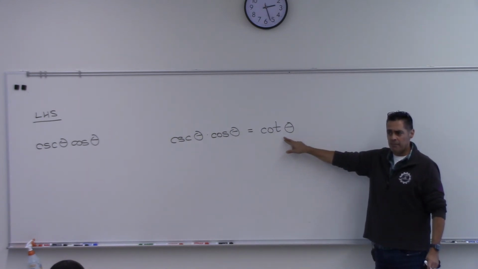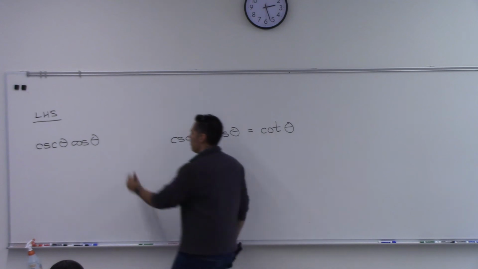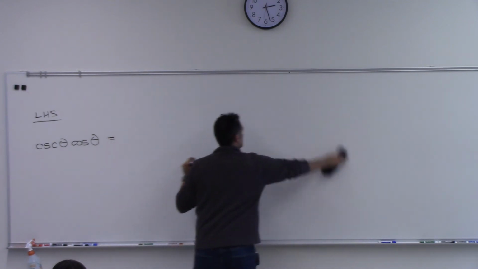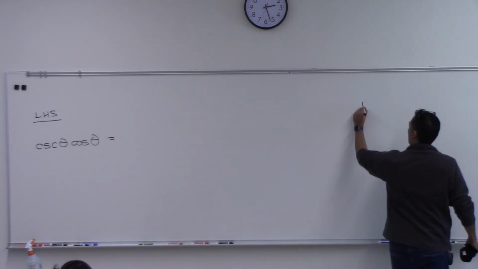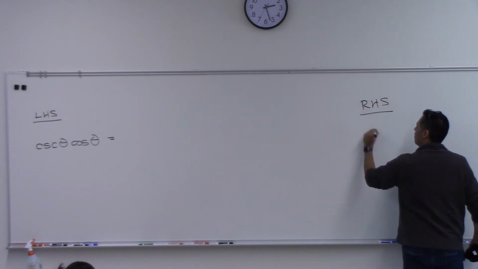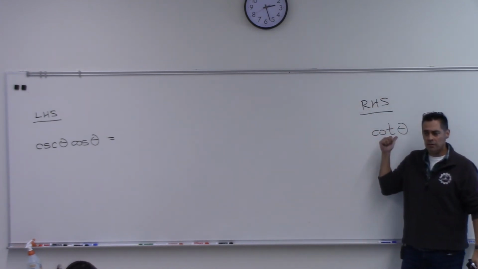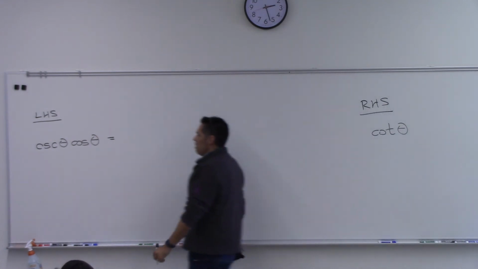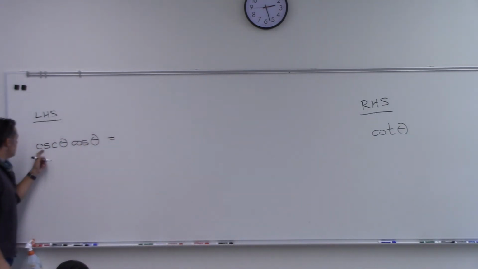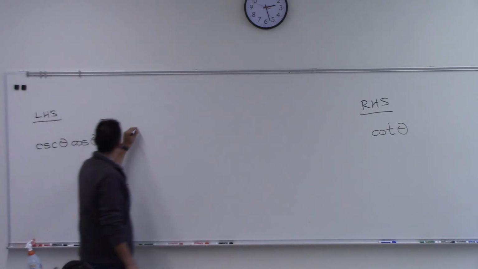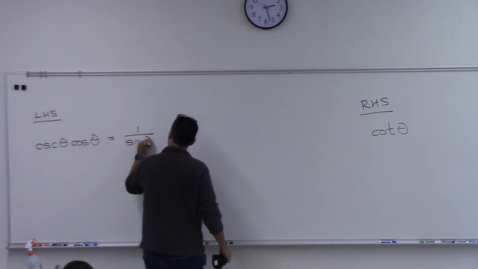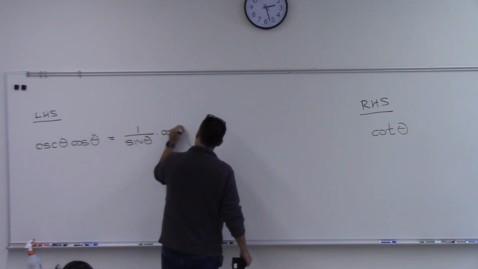So here's what I know. I need to somehow get to the right-hand side, which was cotangent theta. Well, what do you know here? Cosecant theta is what, by definition? 1 over sine. So this is 1 over sine theta times cosine theta.